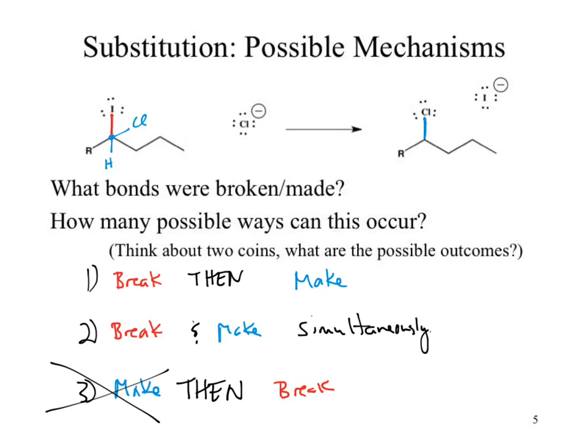So there are only 2 ways that we can do a substitution reaction. We can either break the bond, then make a new bond, or we can make and break them at the exact same instant.